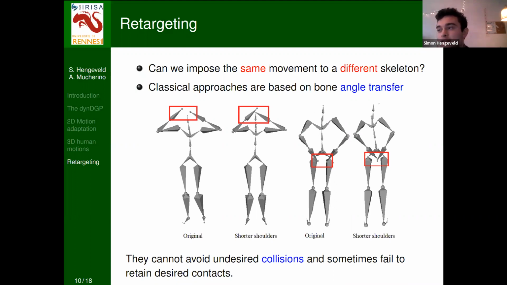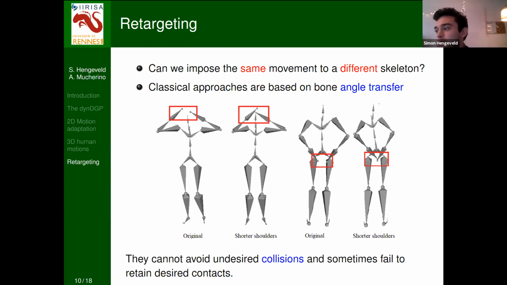For instance, the skeleton in this picture has less broad shoulders, so shorter shoulders. The old classical approaches are based on simply copying these Euler angles that we talked about in the previous slide onto the new skeleton.